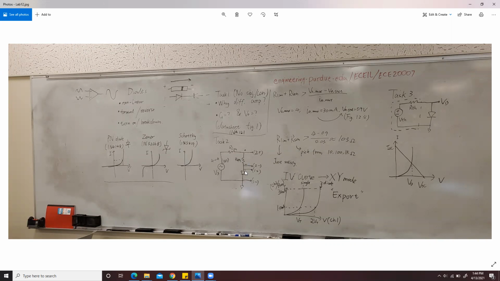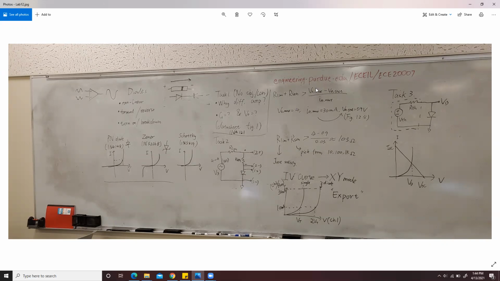Before you build this circuit on your breadboard, you need to know the value of each component. I mean the R limit and the R sense. These two resistances follow this equation: these two added together must be greater than the Vs maximum.